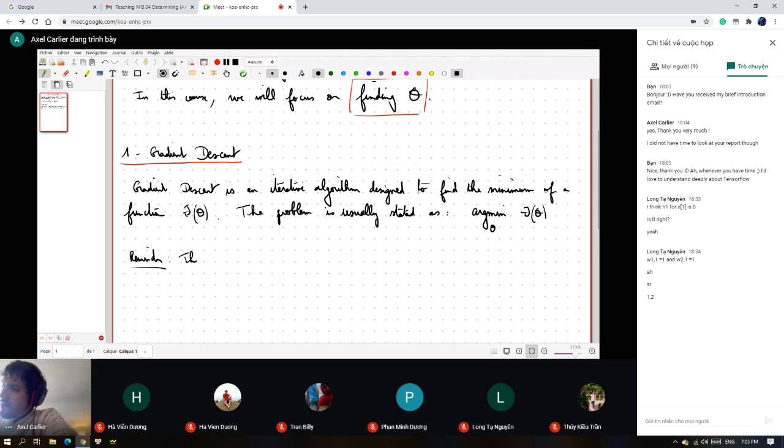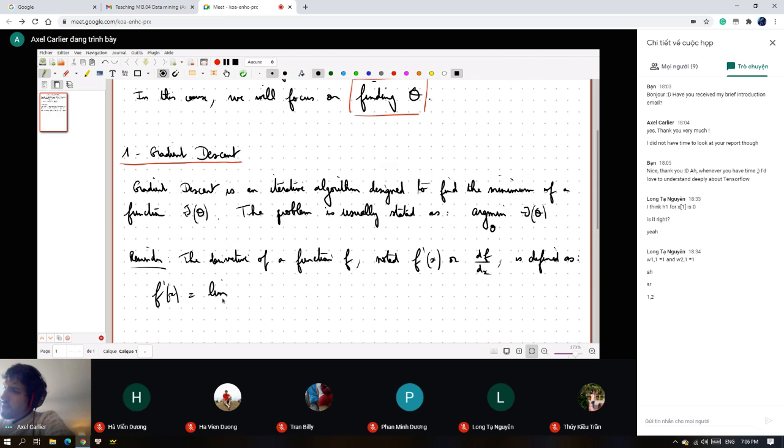The derivative of a function f, noted f prime of x or df on dx, is defined as f prime equals the limit when h goes towards 0 of f of x plus h minus f of x divided by h.